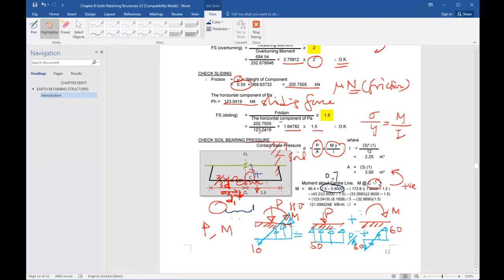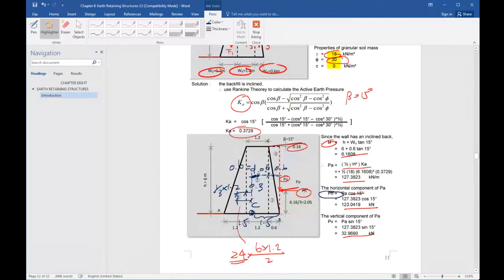So you can see, it's for element 2, is that right? 0.3 meters. Oh, sorry, it should be 0.3.